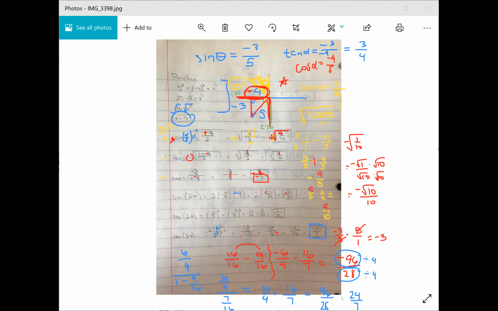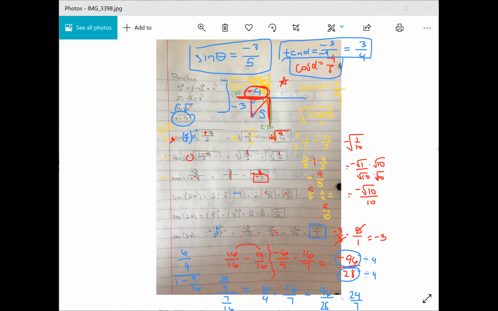I'm confused with that. So alpha depends on what quadrant it's in. We don't actually know what alpha is, so depending on whatever quadrant it's in, that is based off of that. Before, we had earlier identified what tangent is, what cosine is, and we know that sine is equal to this.